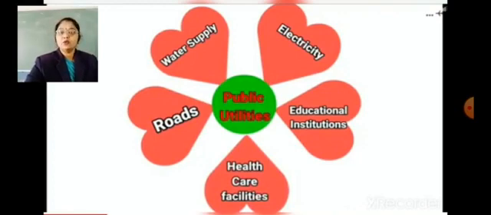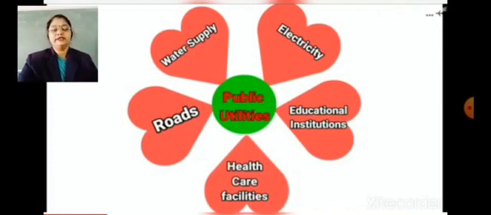We need water supply, electricity, educational institutes, healthcare facilities and roads. This is our basic amenity or public utility. All these facilities are provided by local self-government. They control and manage these amenities for us only. Okay, I think you understood, beta.